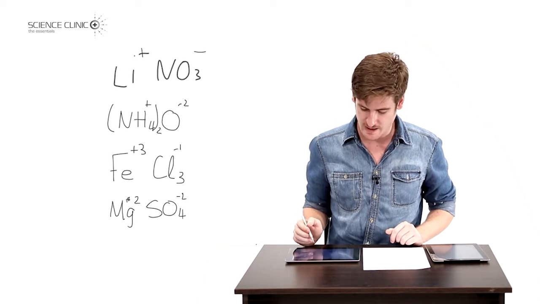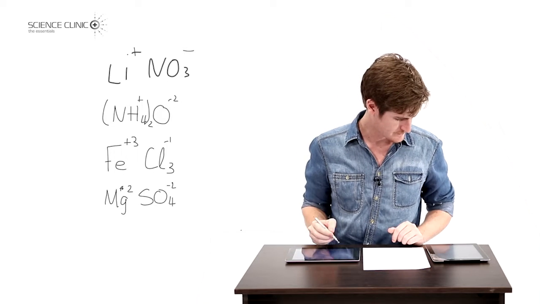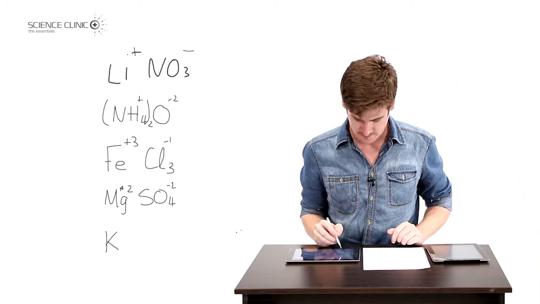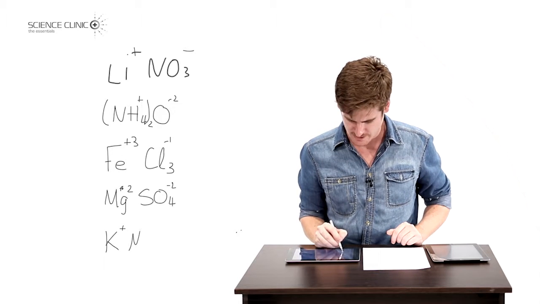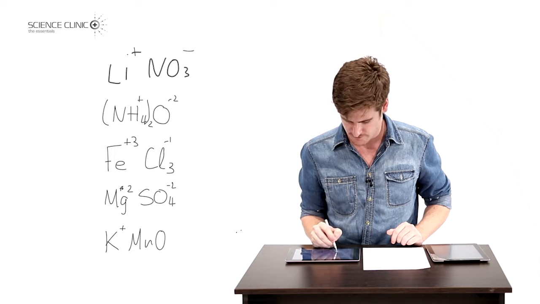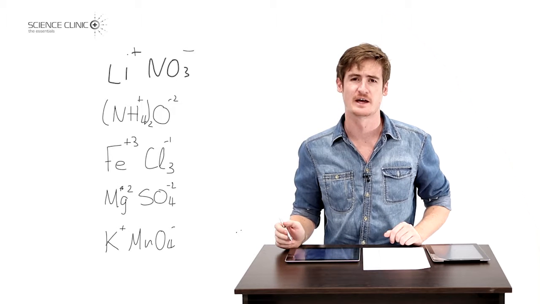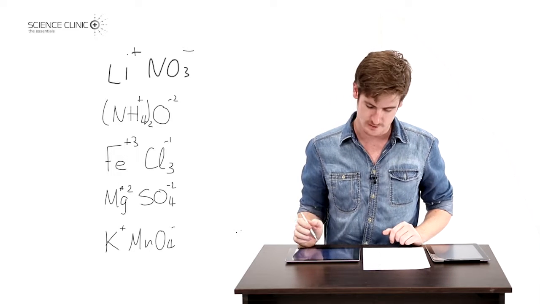Lastly, potassium permanganate. We know that potassium, or K, has a +1 oxidation number, and permanganate, MnO4, has a -1 oxidation number. Again, we can then say that this is in a 1-to-1 ratio.